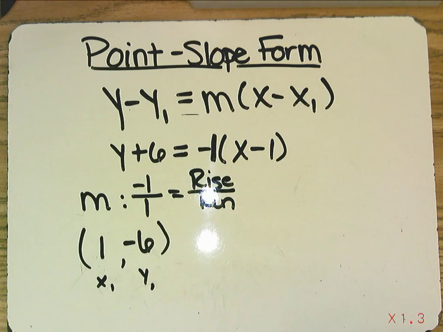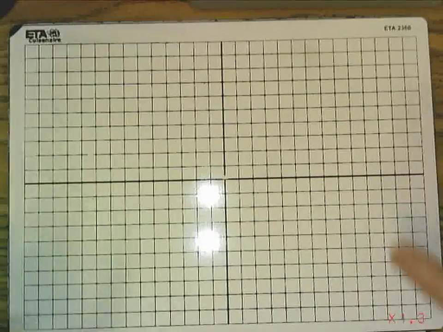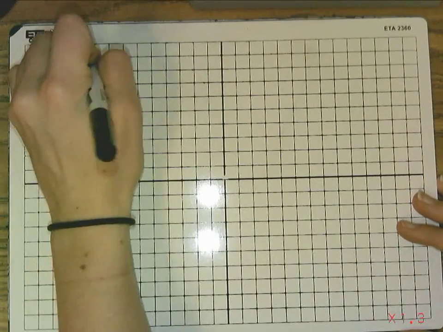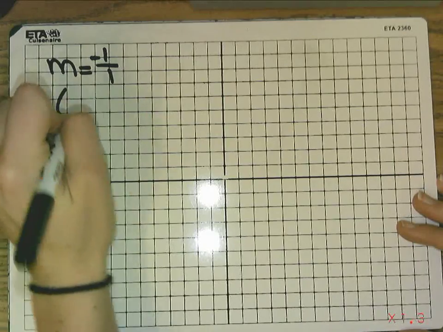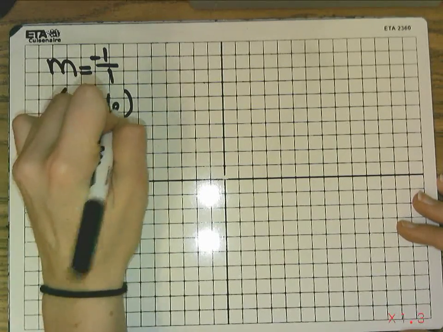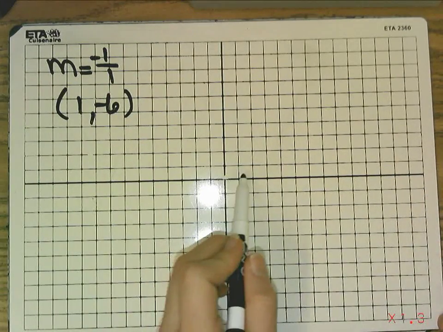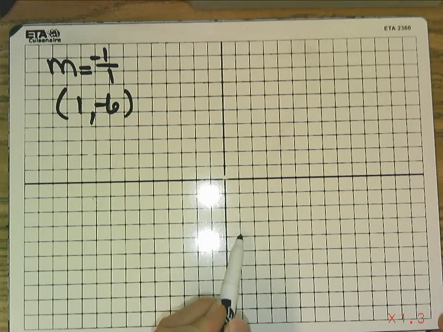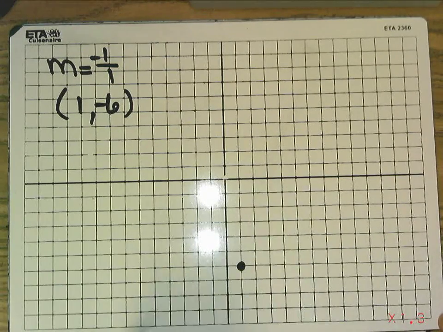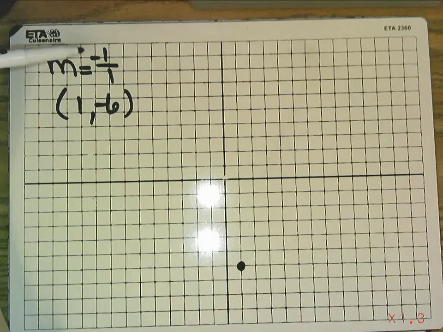So now I've identified my slope and a point on the line, and I can use those pieces to graph my line. So I'm going to write my slope is negative 1 over 1, and my point is 1, negative 6. So I'm going to go 1, 1, 2, 3, 4, 5, 6. There's my starting point. Now my slope is negative 1.